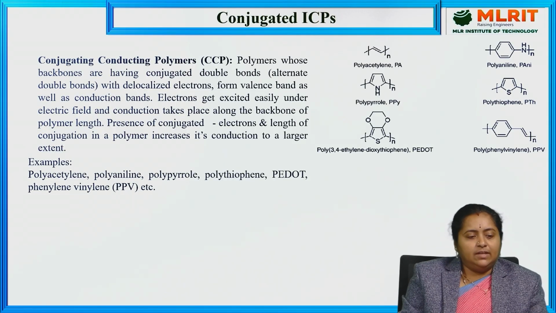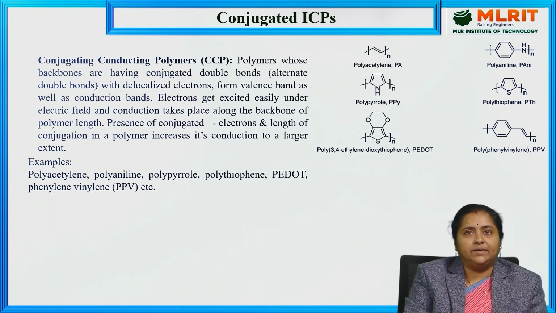These are a type of intrinsically conducting polymers which have a conjugation of double bonds, that is, alternating double bonds present in the polymer backbone. Because of this it will have delocalized electrons, which are able to form a valence band as well as a conduction band.